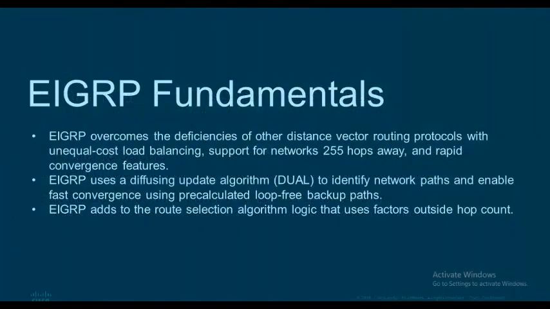EIGRP fundamentals. EIGRP can do even unequal cost load balancing, which is really a unique feature in EIGRP. So load balancing is not possible when the metrics are different for different paths to the destination.